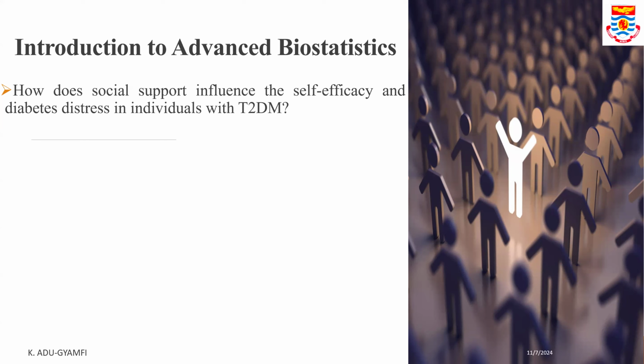So how does social support influence self-efficacy and diabetes distress in individuals categorized as T2DM? You can respond. What are your dependent and independent variables? We are ending the lecture, so put up your hand and I call you. I feel you have had enough training, so now you should be able to locate them.